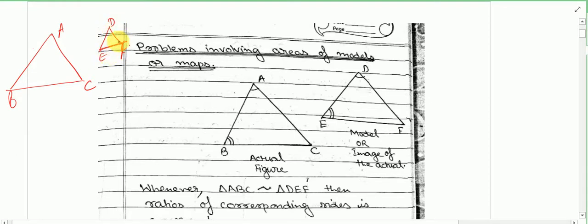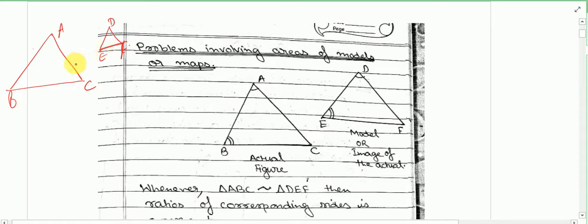Obviously this triangle is not going to be as big as triangle ABC. You are drawing on a piece of paper, so it will be smaller, but it is going to resemble the actual one.